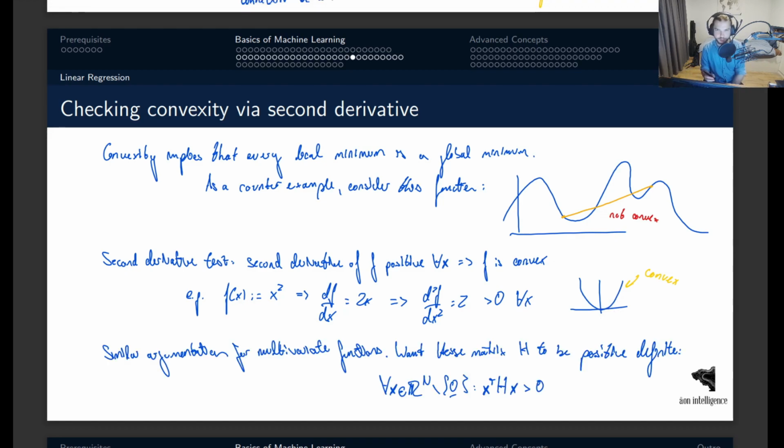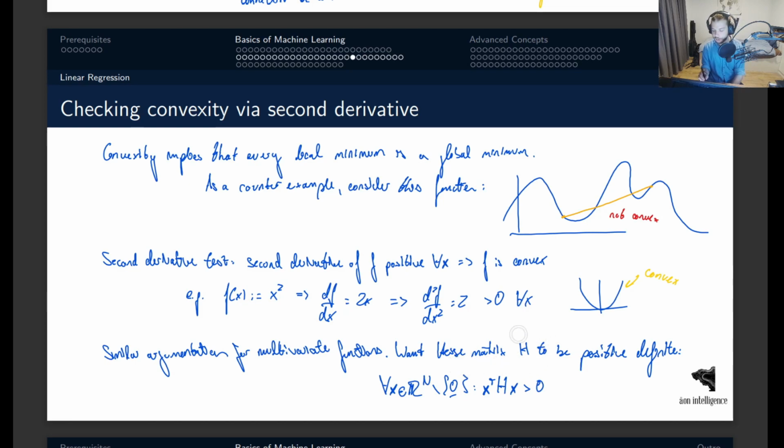But in machine learning, we are not usually interested in univariate functions. So we deal with multivariate functions, and there's a similar notion, a second derivative test for multivariate functions. And if you think about it, the second derivative of a multivariate function is the Hesse matrix, where you collect all the second order partial derivatives of a function.